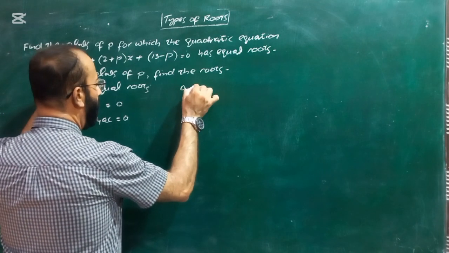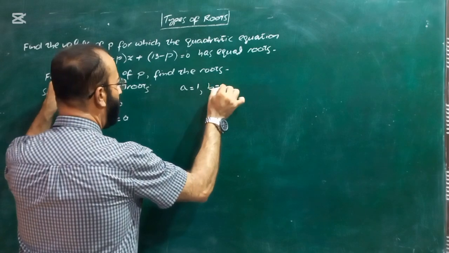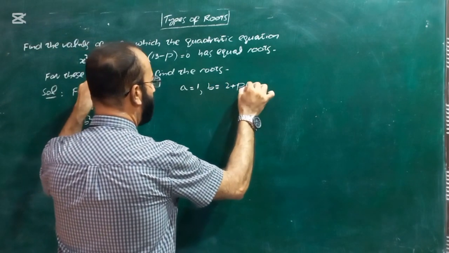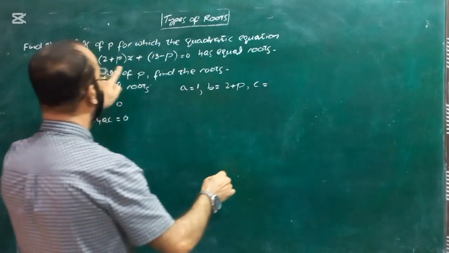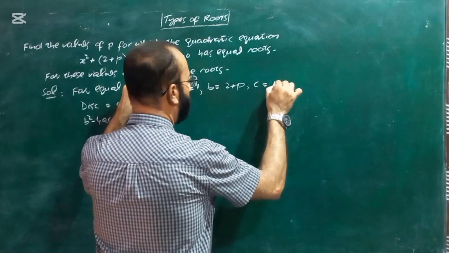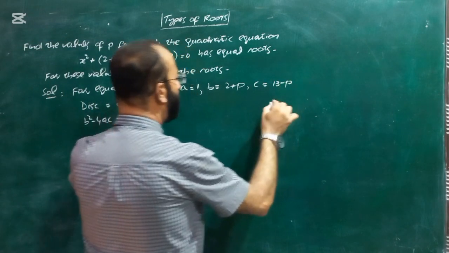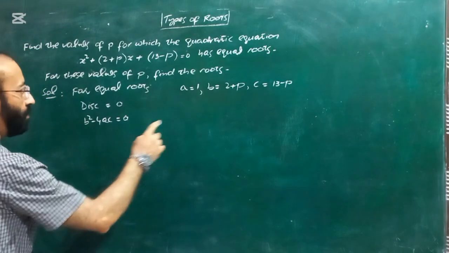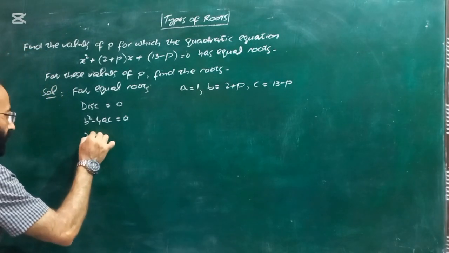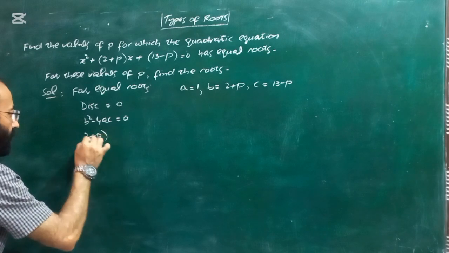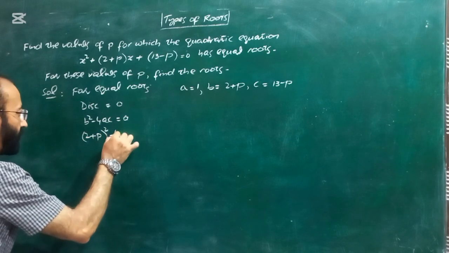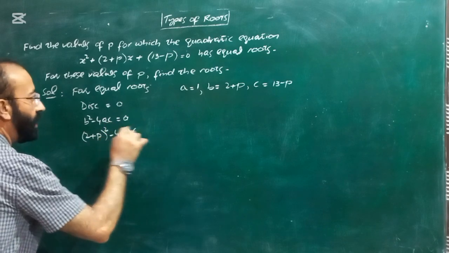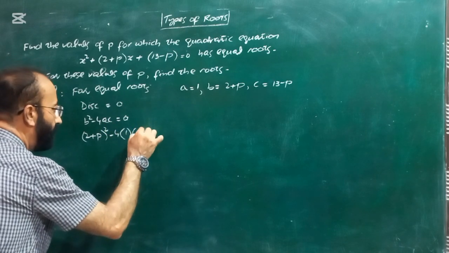So a is 1, b is 2 plus p, and c is 13 minus p. These are the values which are going to be put in the discriminant. So look now, (2 plus p) whole square minus 4 into a is 1 and c is 13 minus p.